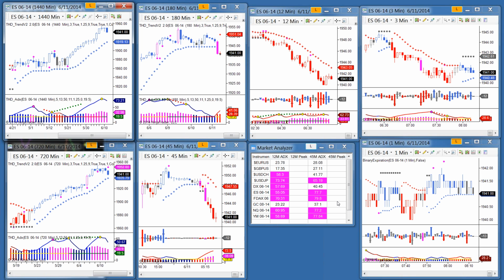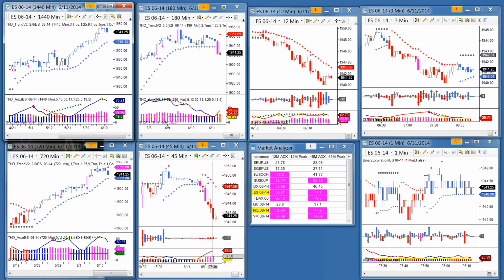Now, one of the reasons I wanted the market analyzer up this morning is because I think we will see a magenta peak when the market opens on the ES. I think that will cause price to go up, and then I think it will come back down. If you look at the ATR up here on the 180 is at 1951, down here is at 1947. I think by the time all of this starts to play out, we're going to be at about 1946 on the ATR.